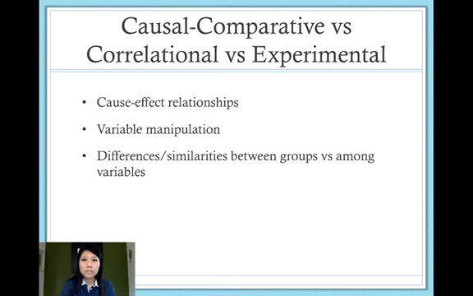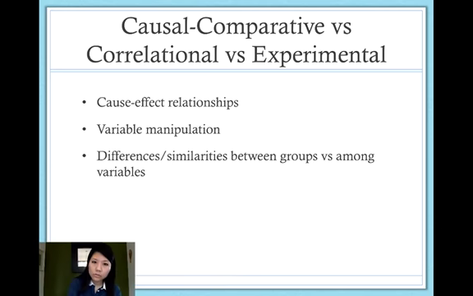We're looking at differences and similarities between groups, because in causal comparative, we're actually creating two groups of participants, and we're looking to see if there's a difference or similarity between those two groups. I'm interested in students who have high undergrad GPA versus students who have low undergrad GPA, and whether those two groups are similar or different in other variables.